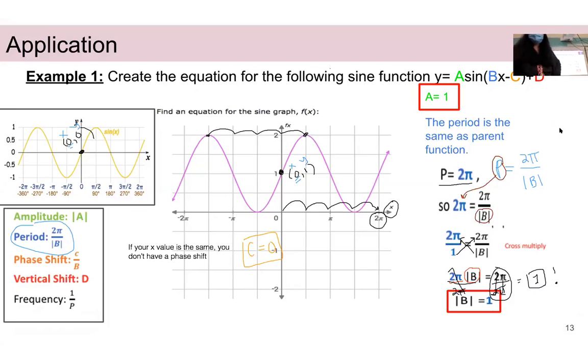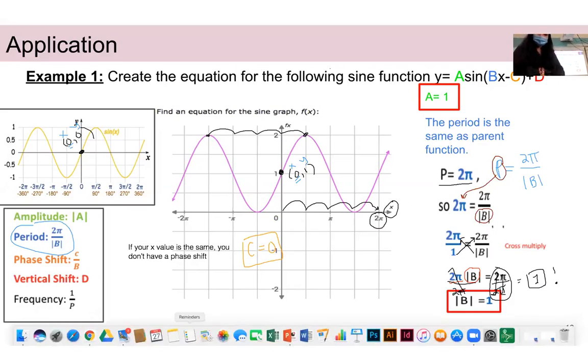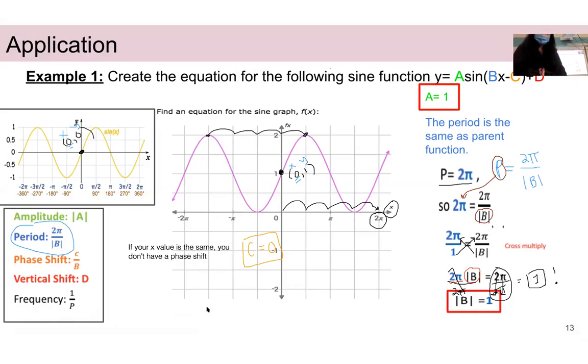Lastly, everybody, let's talk about D. How do you figure out D? So D is basically, everyone, let me just tell you already, your vertical shift is basically the Y value of where your midline is located, if that makes sense. So let's draw the midline again. So this is your midline, everyone.